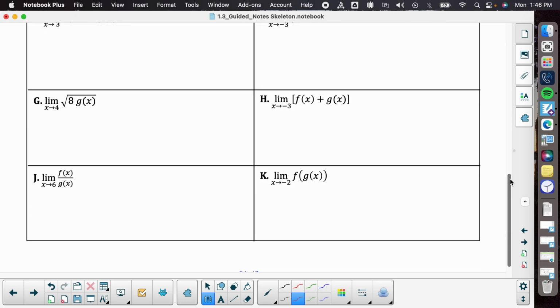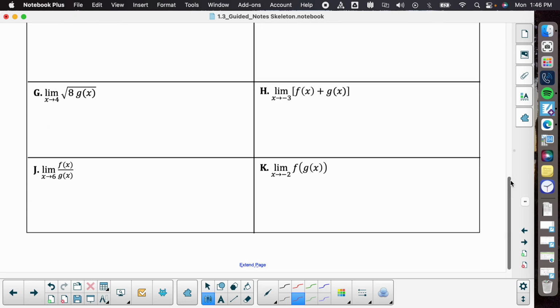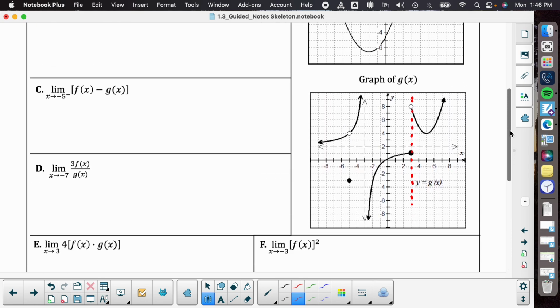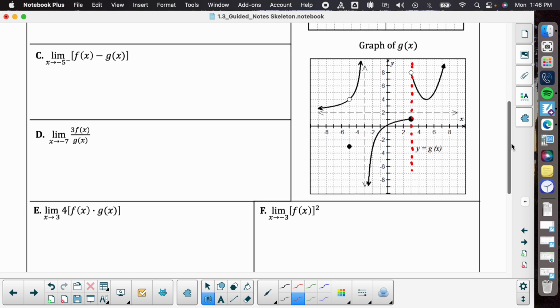So the limit as x approaches -2 of f of g of x. If I use the property, I can do f of the limit of the inside. So I'm going to find the limit at -2 of g of x. At -2, it appears to be a height of about -3. We'll just do our best to estimate, because it's not exact.